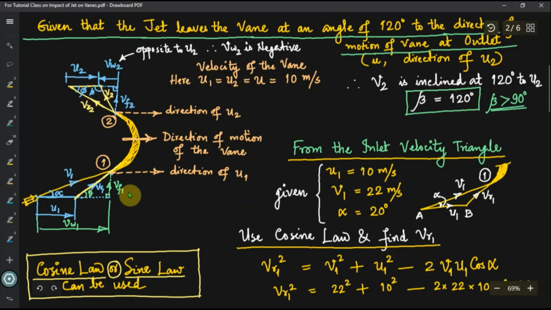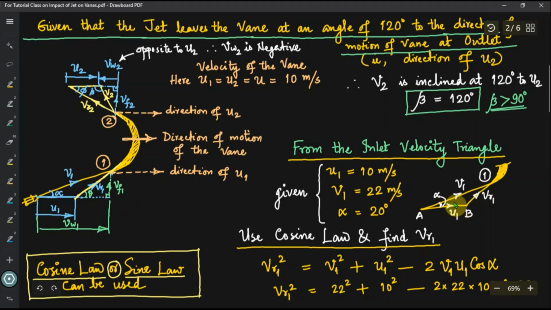And now from the inlet velocity triangle, see the information regarding u1, v1 and alpha are available. So u1 is equal to 10 meter per second, v1 is equal to 22 meter per second, and alpha is equal to 20 degrees. See, this is the velocity triangle at inlet, and the triangle indicating alpha, v1, u1 and vr1. So that has been copied here.